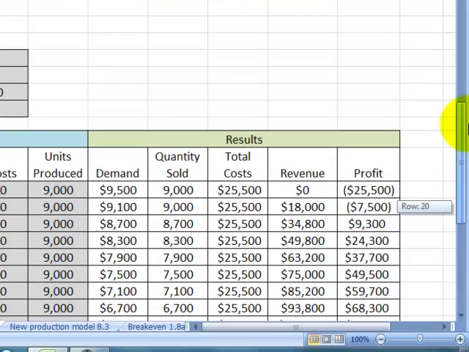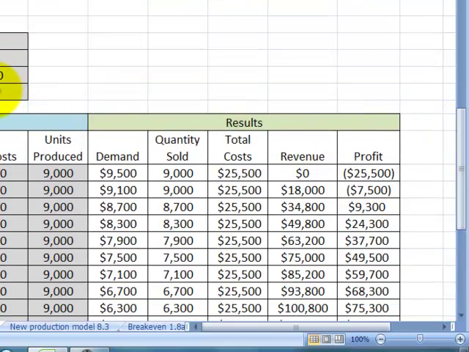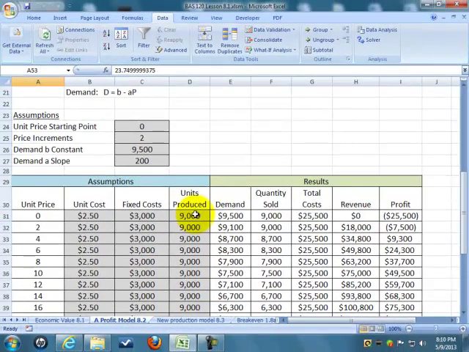So the other power of this is, what if we think the demand curve's a little different, or if our fixed cost changes? The power of Excel is it gives you the flexibility to change your assumptions. So I encourage you, when you set up your Excel models, to give yourself the flexibility to change the assumptions, so that you can see what happens down here.